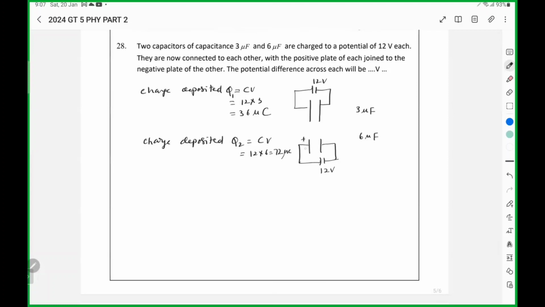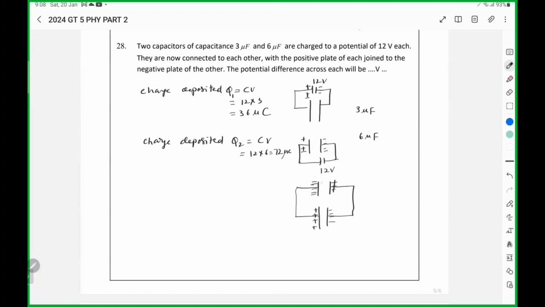So here, now what they did is, here positive terminal is connected to negative plate. Here positive plate is connected to negative plate.